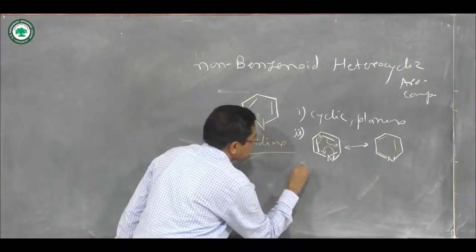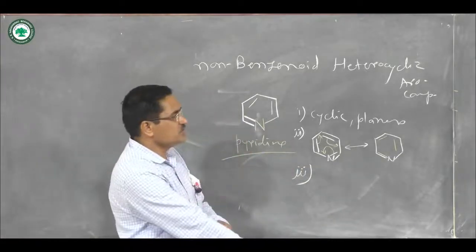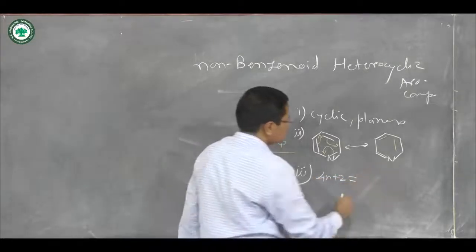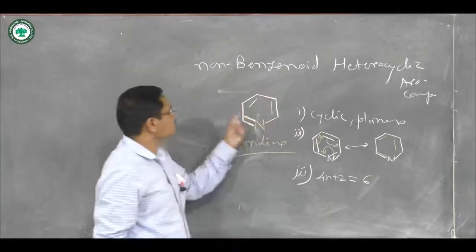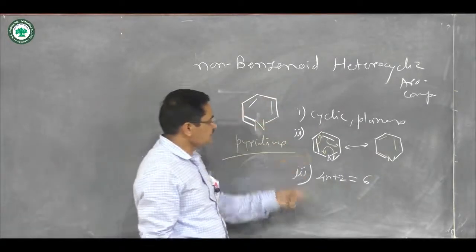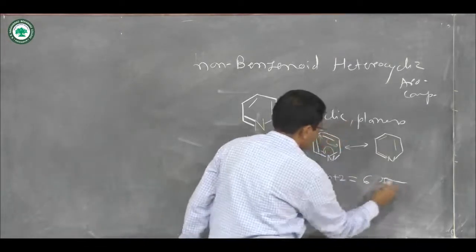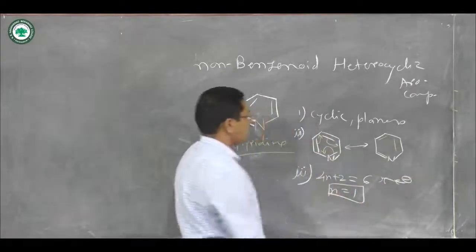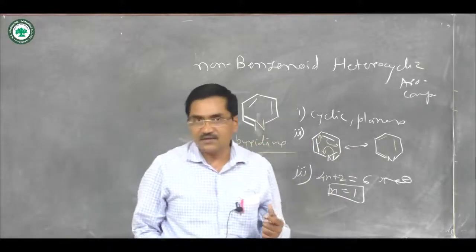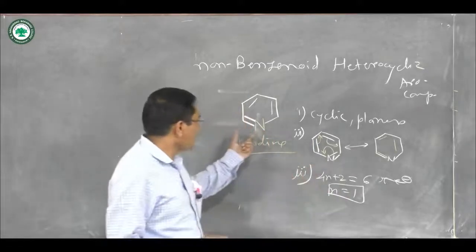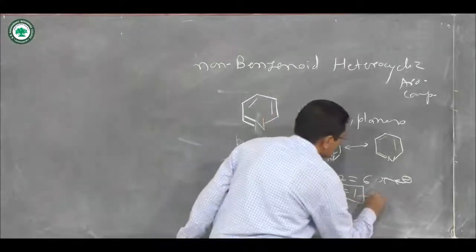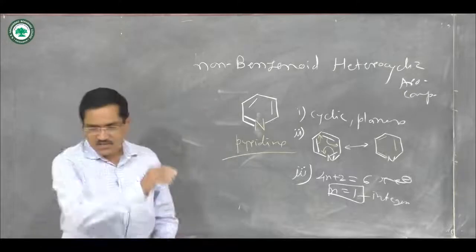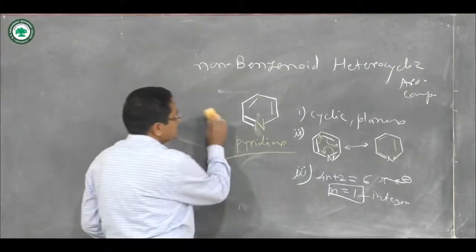And third one, it follows Huckel's rule, that is 4n plus 2 equals 6, because there are 3 pi bonds and hence 6 pi electrons. Okay, so n equals 1, meaning there is one ring and this number is an integer. Now we take the last example.